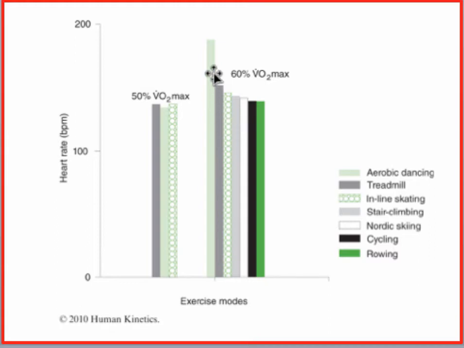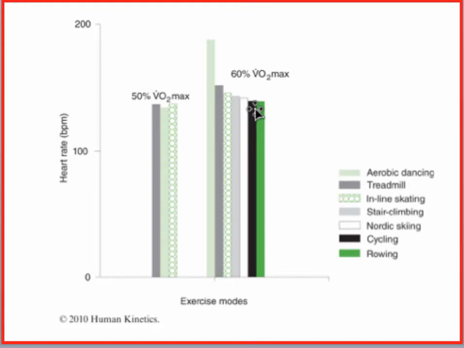But when we start aerobic dancing, now we're using arms and legs and probably whatever kind of funky thing you decide to use with aerobic dancing. Heart rate is increased more than it is with these other types of exercise at the same oxygen consumption. So heart rate goes up, but you're not using more oxygen, you're not necessarily using more calories.